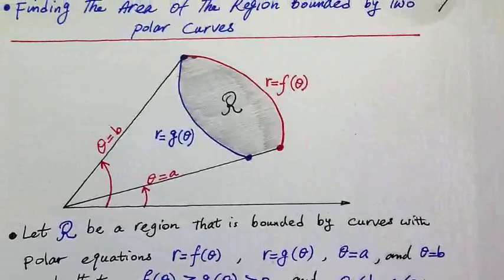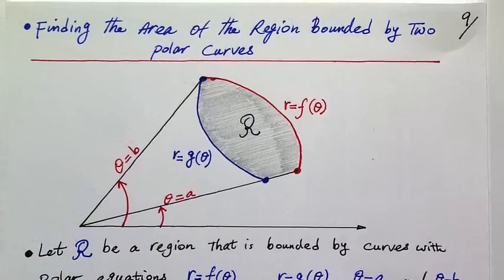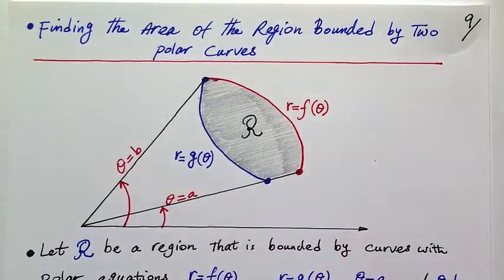So next, we want to talk about the area of a region bounded by two polar curves. So everything we've done so far, it was just one curve that was given to us as a polar equation. But now, what if we have two curves given to us in polar form, and we want to calculate the area enclosed by them?